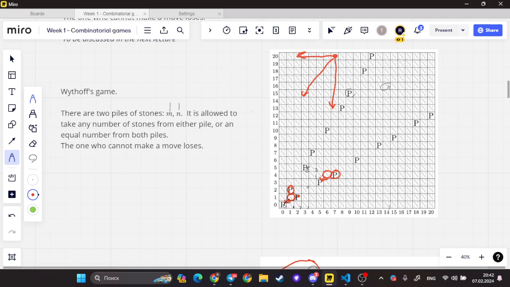Okay, he needs to move where? Like here. And then the first player moves, and that's it. Okay. Did you understand? Yes, thank you.